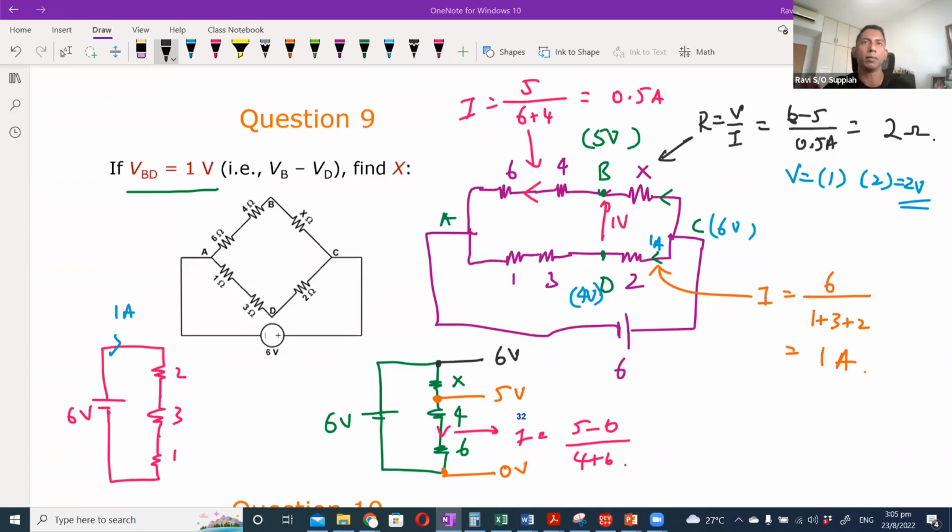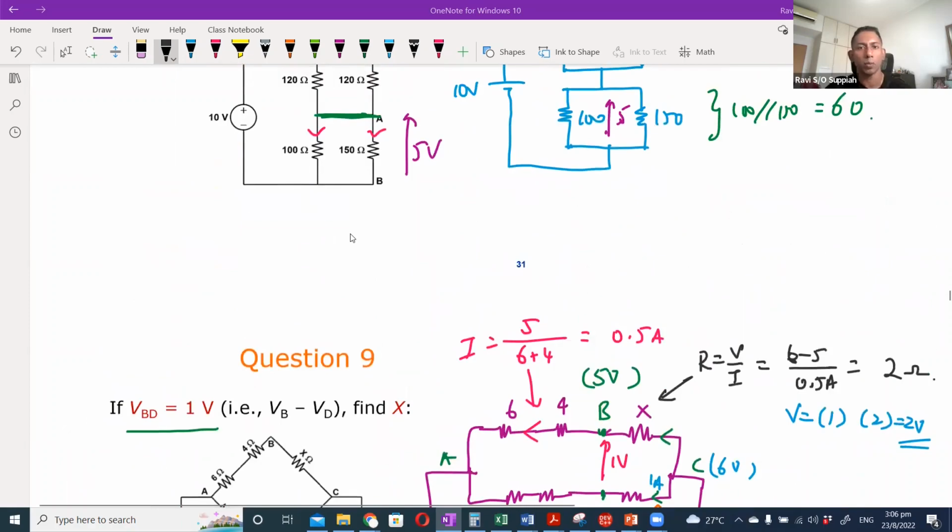So if it asks you to find some voltage or current or resistor, whatever technique you use is fine. That would not be an issue, unless the question specifically says to find the voltage at a particular node, then maybe you want to use node analysis, or it could be some other technique as well.